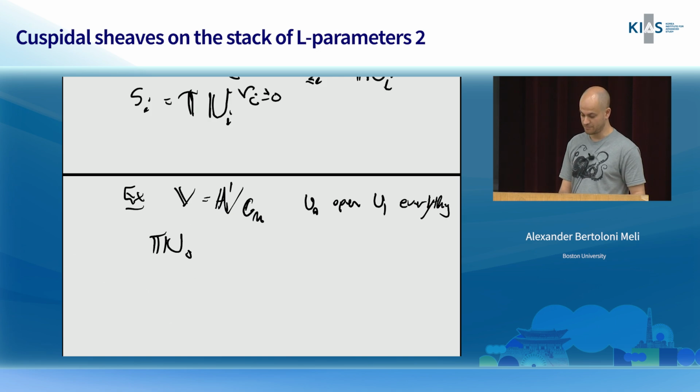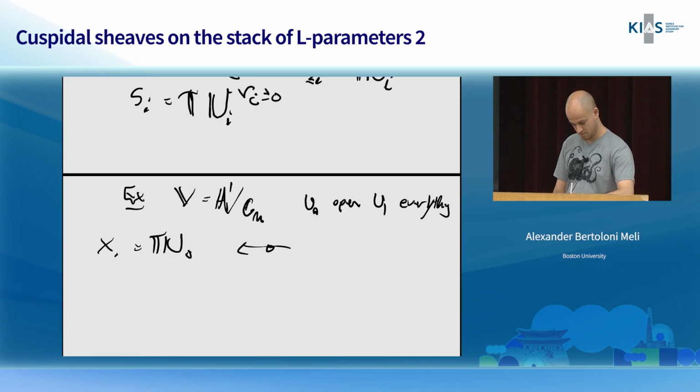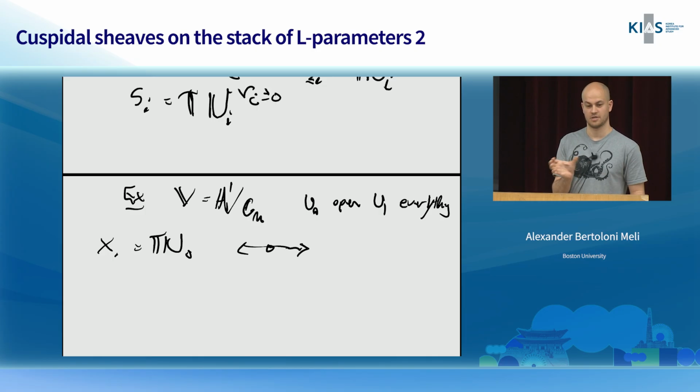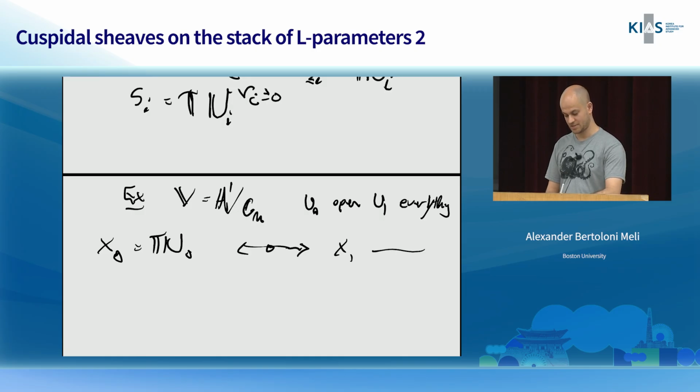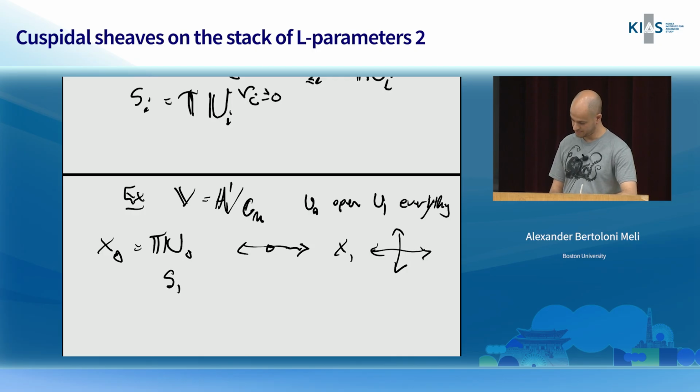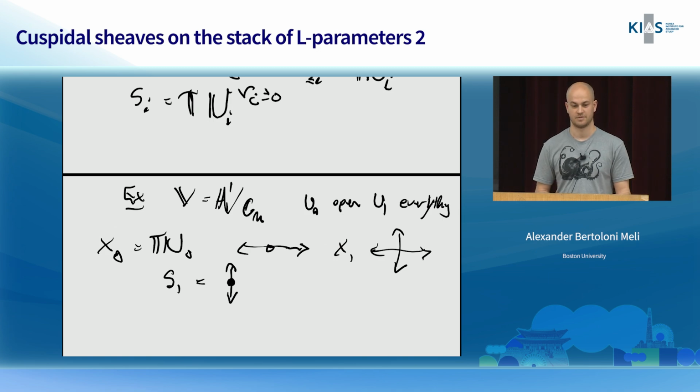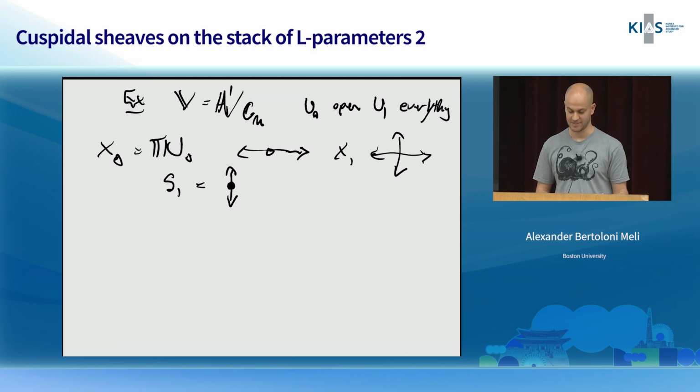So this X sub 0 looks like this. It's just the horizontal piece, and it's missing the thing in the center. And then, of course, X sub 1 is the whole cross. But S sub 1 is just the vertical stuff. Okay. So this is an example to keep in mind.